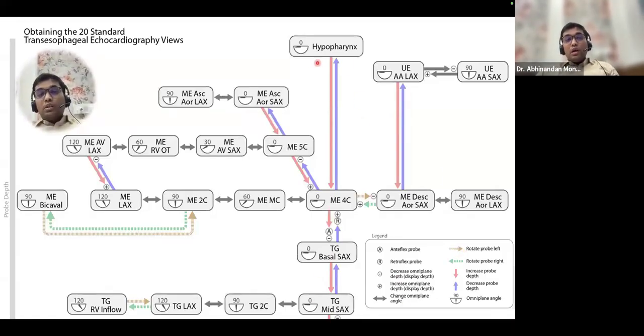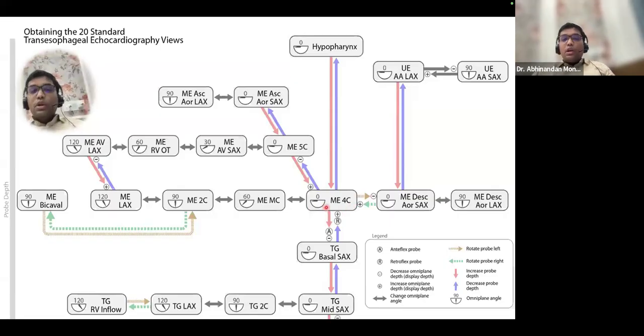So always be very flexible about the degrees at which the image is formed. This is the chart that has been made by Toronto General Hospital. When you come from the hypopharynx and go down into the esophagus at about 30 centimeters of depth, you will get the first view, the mid-esophageal four chamber view, at 0 degrees of omniplane angle.